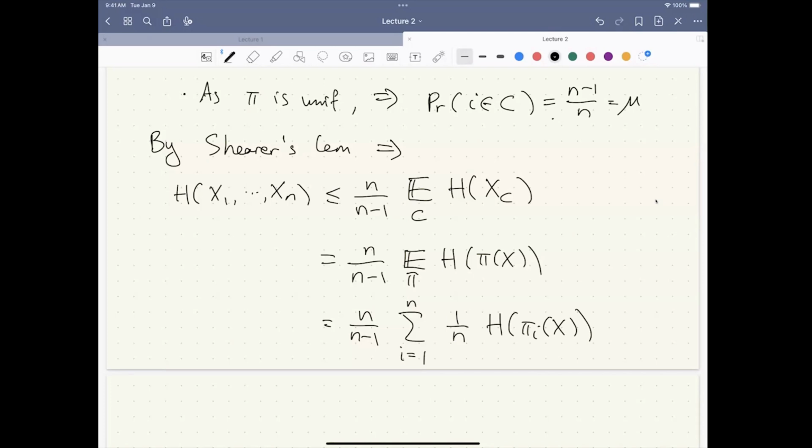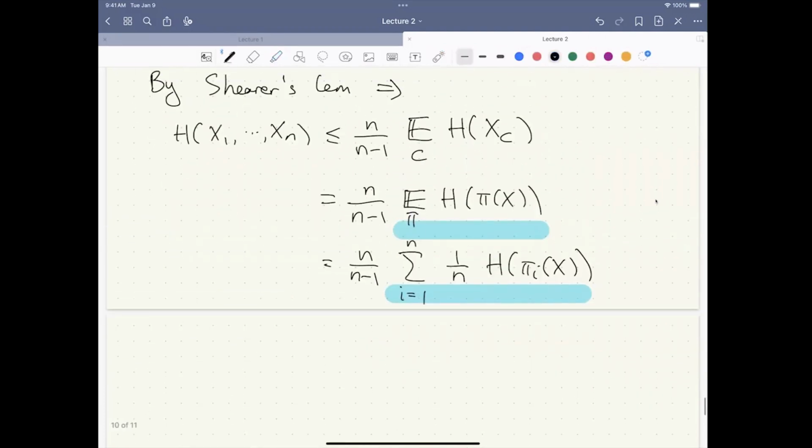This is the expectation. Now, n gets canceled out. We have 1 over n minus 1 in the front. It's starting to look like the thing we want to prove. 1 over n minus 1, sum over I from 1 to n, h of pi I x.